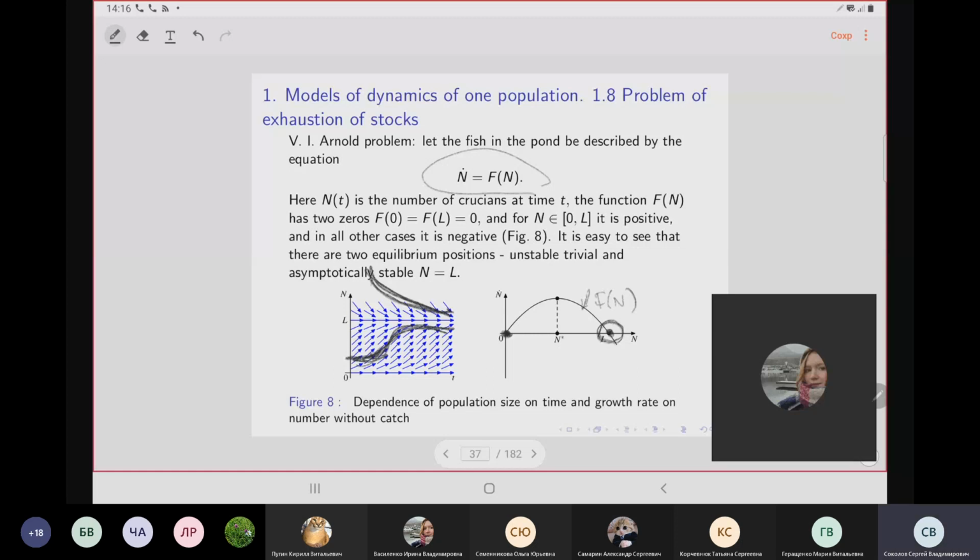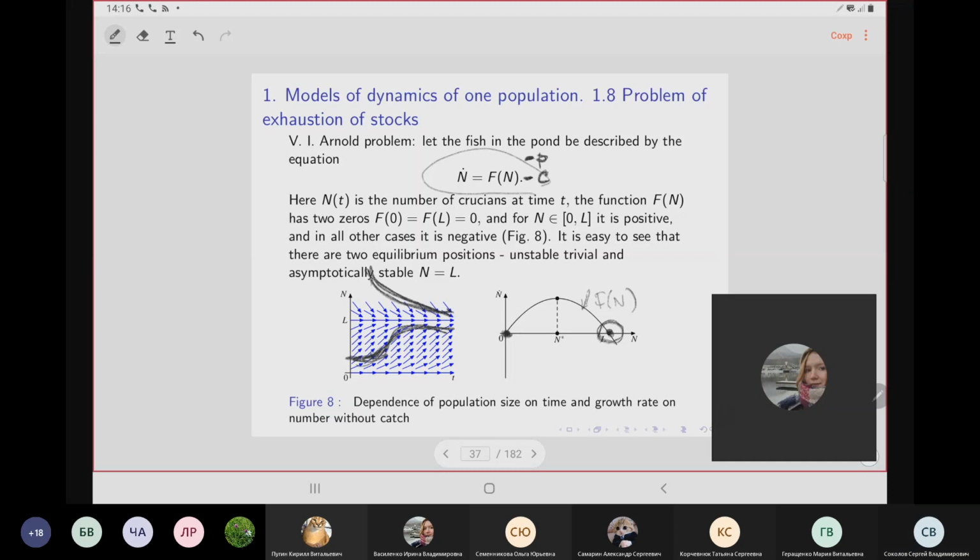So the equation with fishing will be like this. C will be our coefficient of fishing, the intensity of fishing. It is the first case. And the second one is when we are trying to fish with some proportion.